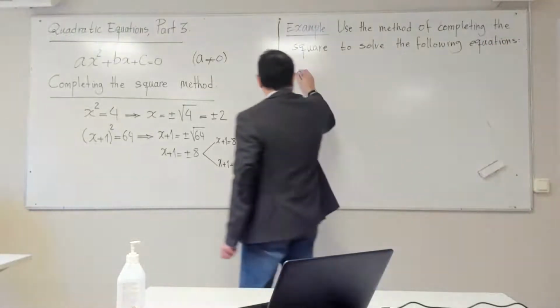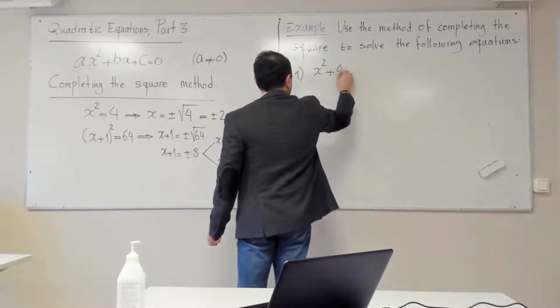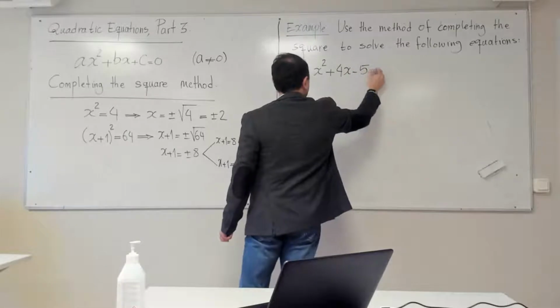Okay, so number 1, x squared plus 4x minus 5 is equal to 0.